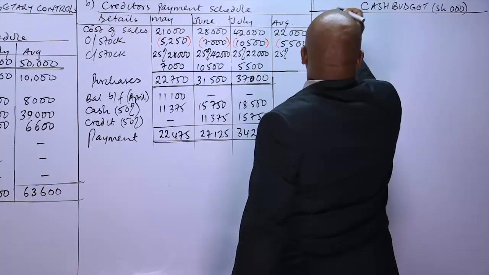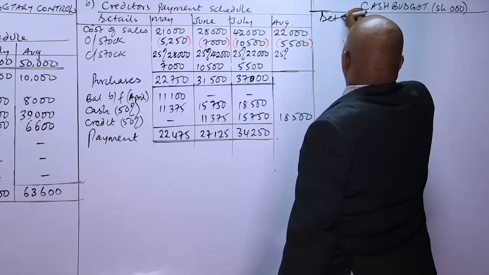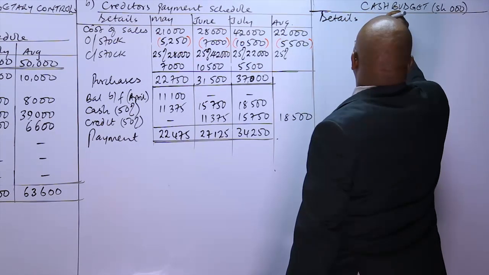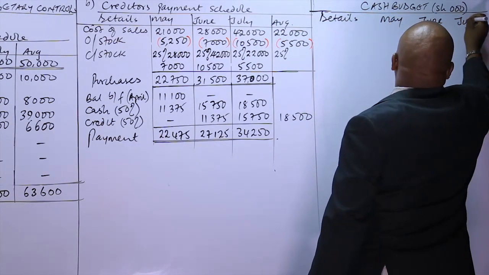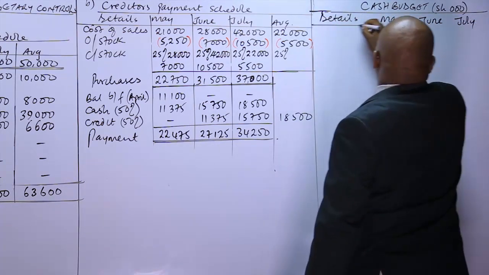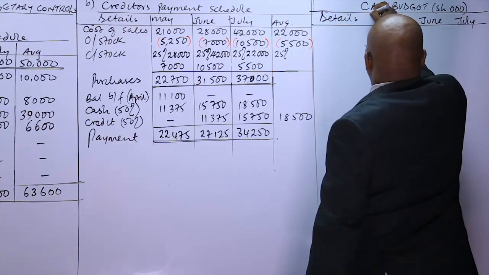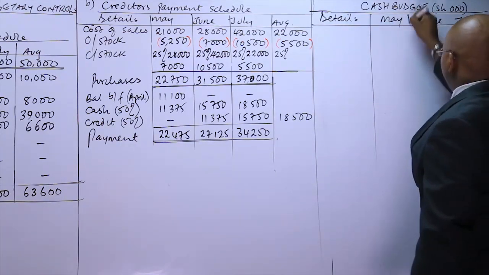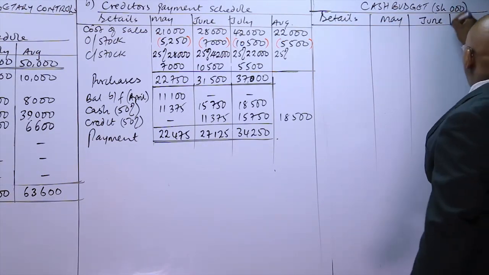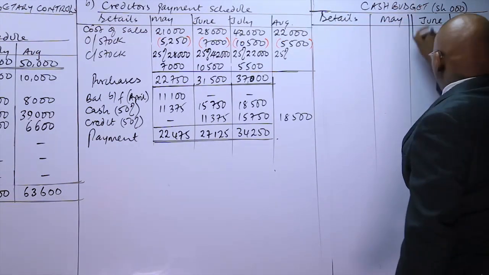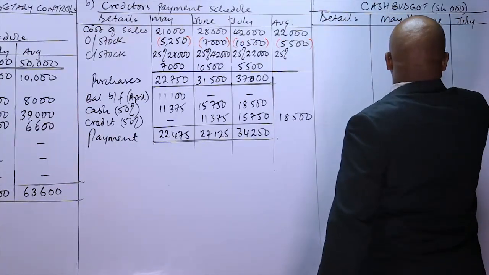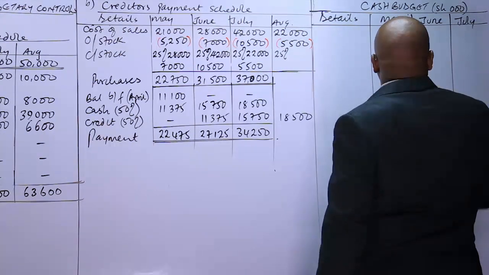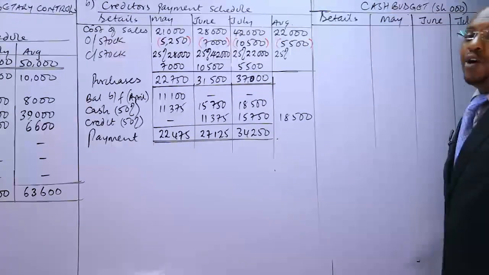So we do have the details: May, June, and July. So we just need to bring in the cash inflow and outflow.